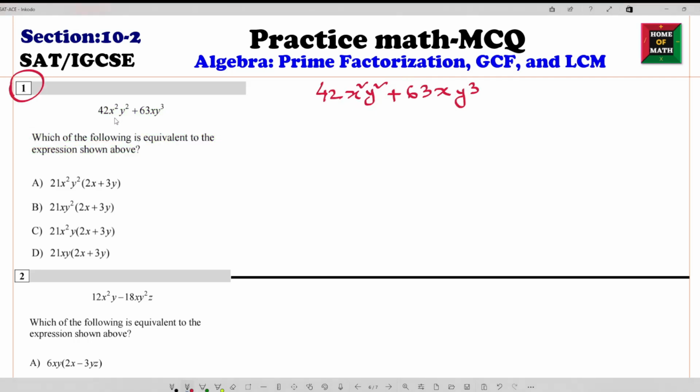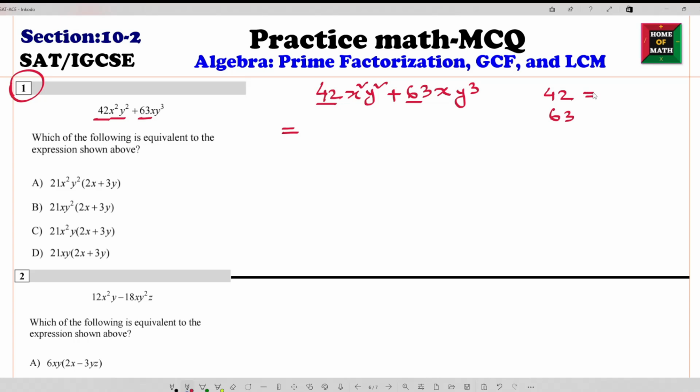Question 1. Here is 42x square y square plus 63xy cube. We have to find which option is equivalent to this algebraic expression. First, look, here is 42 and here is 63.